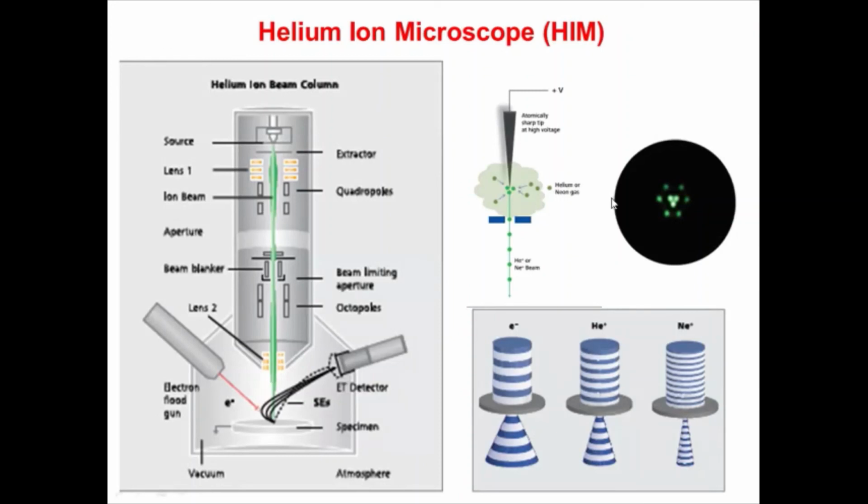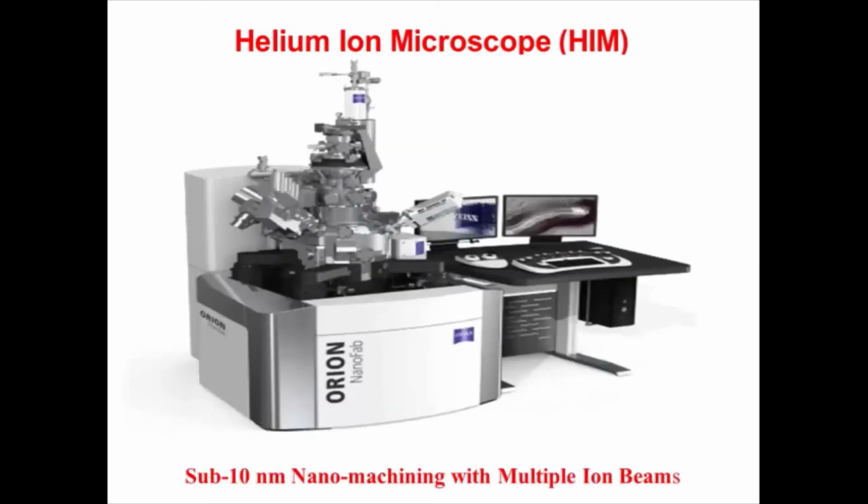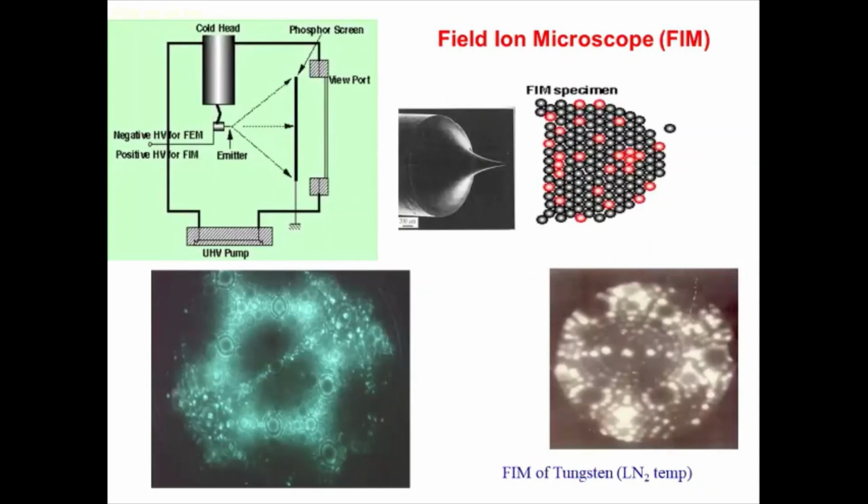So this is what you see, the field ion image of the tip showing the atomic positions. This machine, 1 or 2 machines, have been installed in India. At present, I don't exactly remember the institute, but it is somewhere in IIT Mandi or in the north. So this is what I was referring to, the field ion microscope.